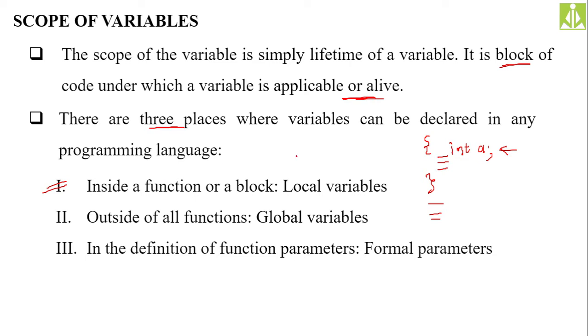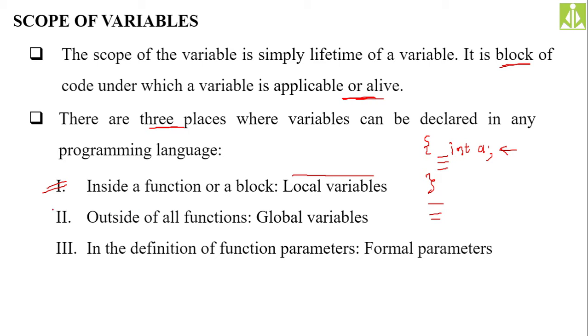If you are declaring a variable within a block, we call this variable a local variable because its access is limited to this block. Outside this block, we have no access. That's the reason we call this variable a local variable.